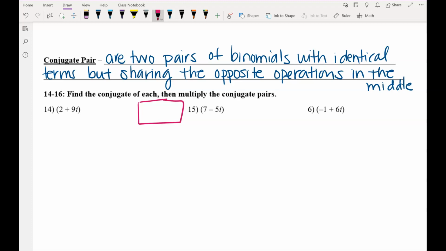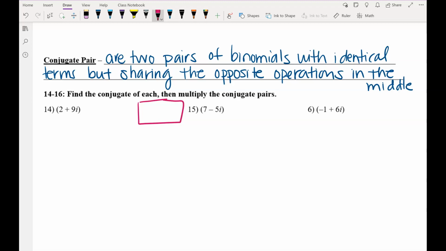Jasmine, what is the conjugate for 2 plus 9i?